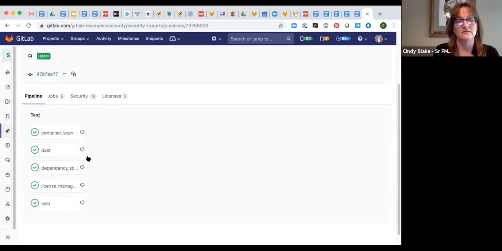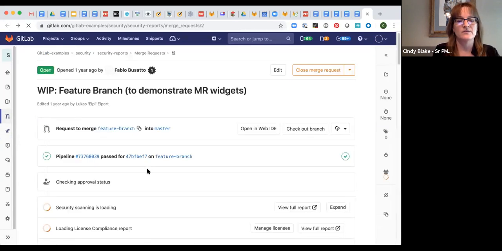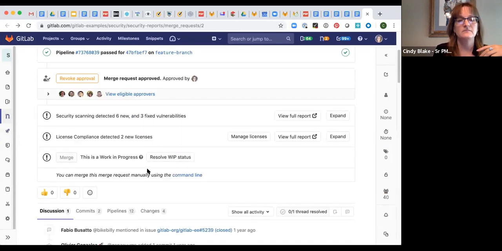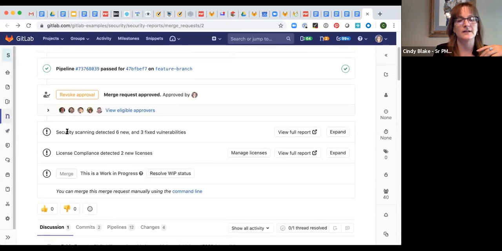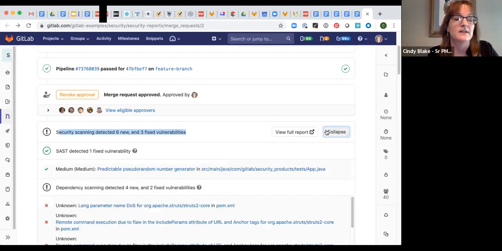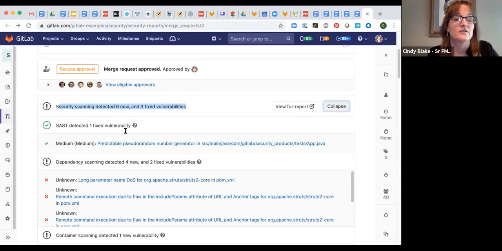So it automatically ran my container scanning, my DAST, my dependency scanning, my license management, my SAST. And all of those results then show up right here, if you can see this. So this particular pipeline run detected 6 new and 3 fixed vulnerabilities. And what that means is the fixed vulnerability, this was one that was auto-remediated.